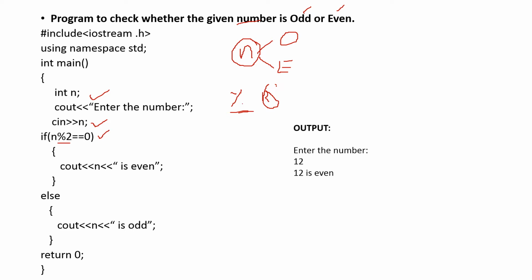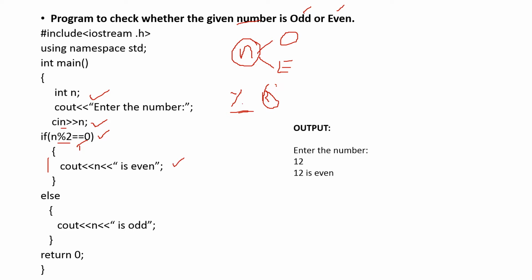After calculating n %2, you will get a remainder, right? Either it will be 0 or some other number. Whatever it may be, it is compared with the right side, that is 0. If 0 is equal to 0, that is, if completely divisible, and it is true, it will execute this block, that is, cout, the number is even.